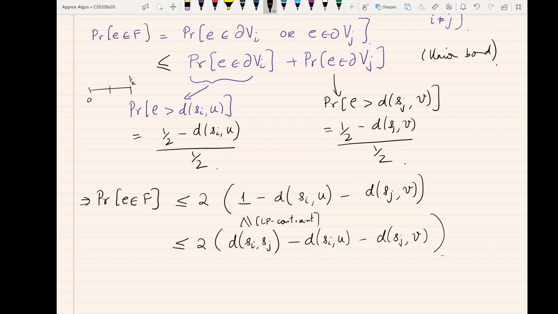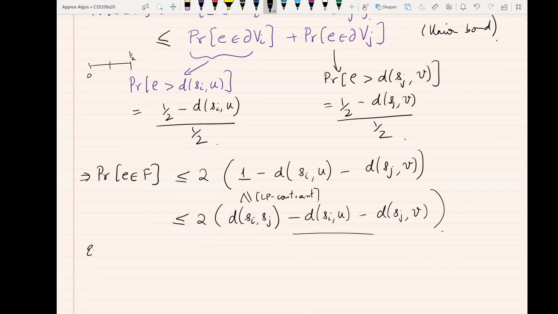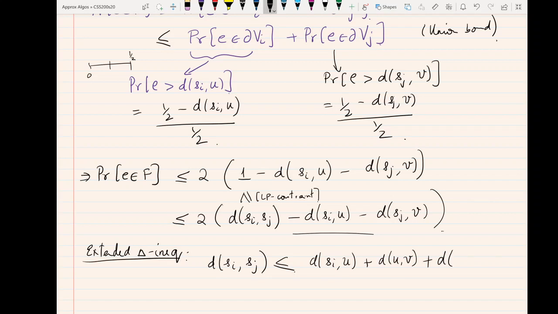and now we can use triangle inequality on these 3 points. This is kind of the extended triangle inequality, which you can prove: d of Si Sj is less than or equal to d of Si U plus d of UV plus d of V Sj. So instead of using it on 3 points at a time, I'm going to use it on all the 4 points.